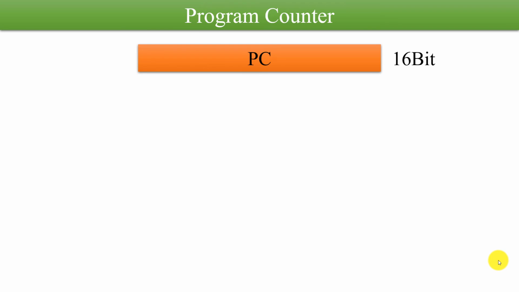So next we talk about the program counter register. As the name suggests, it is a counter, so it will automatically update itself. It is a 16-bit register, and the main important function of this register is to point to the next instruction being executed.